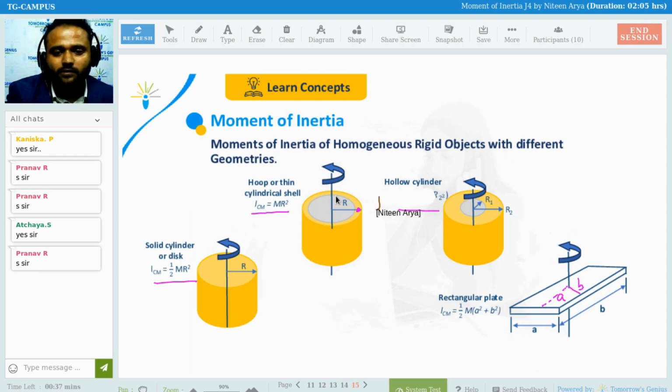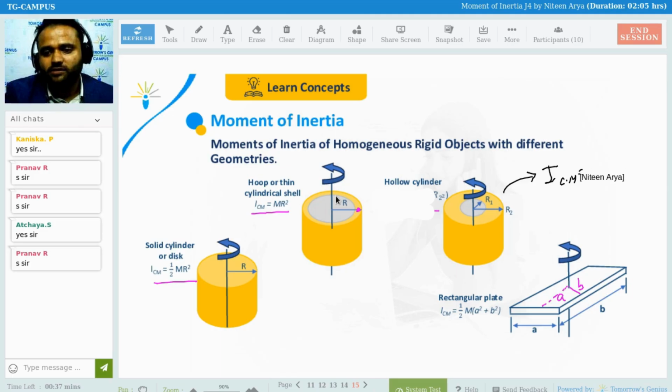Here I center of mass is nothing but 1 by 2 m (r1 to the power 2 plus r2 to the power 2).